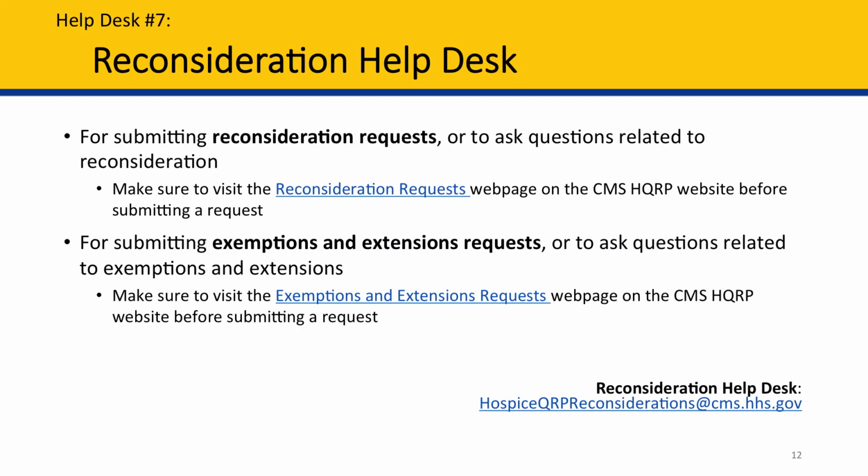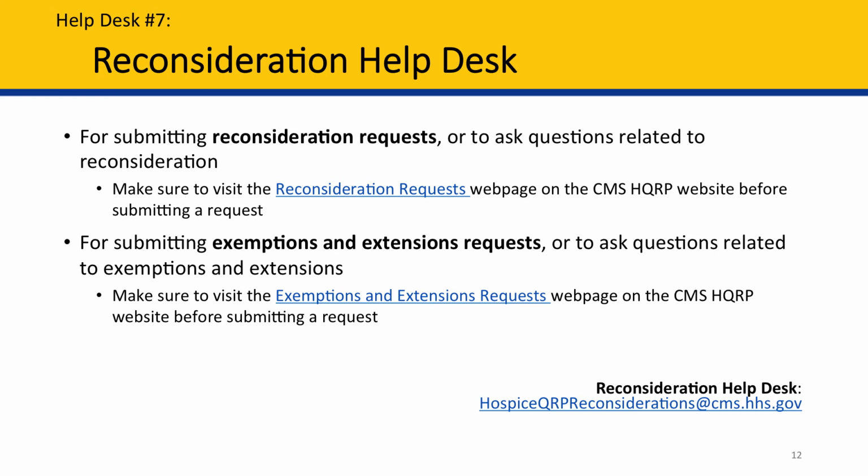Last but not least, we have the reconsideration help desk. This help desk is where you will submit two different types of requests: reconsideration requests, as the name implies, and also exemption and extension requests for extraordinary circumstances. In addition to using this help desk for submitting your reconsideration or extension and exemption request, this help desk can also provide you with general information about each of these requests.